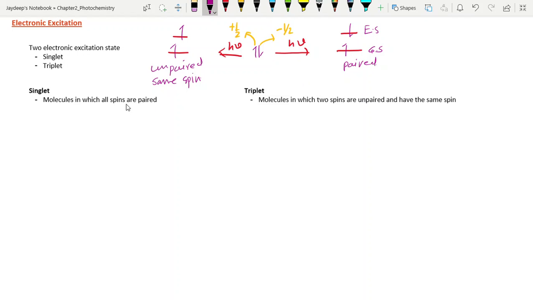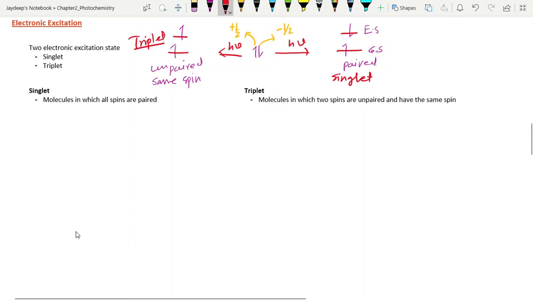Now let us define the singlet state. The molecule in which all spins are paired. See here, these are the paired spins. This is upward, this is downward, so you can consider them paired electrons. So this is the singlet state. This is known as the singlet state. While for a molecule having unpaired electrons with the same spin, these two electrons having the same spin, these are the triplet.